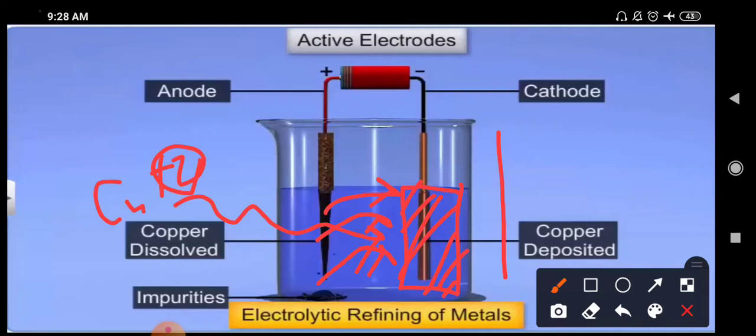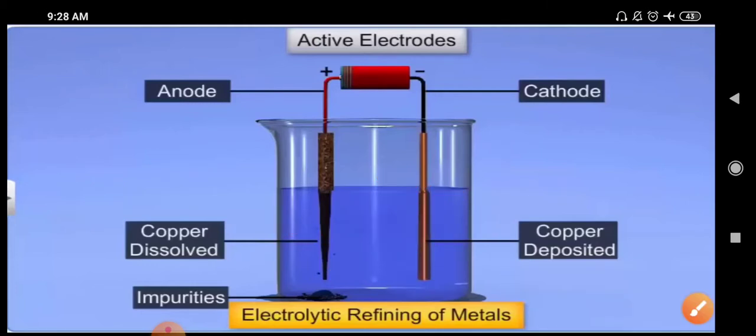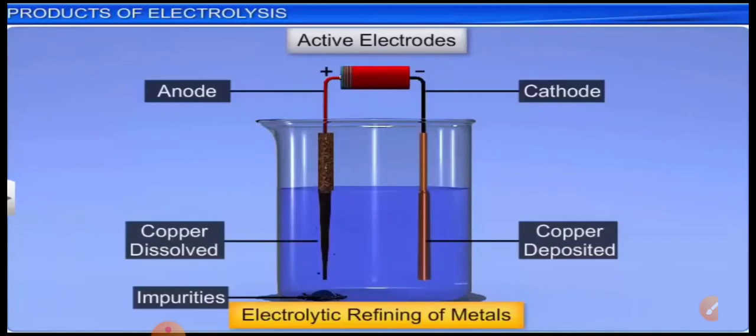One more important point is that this copper is pure, while the electrode made up of the ore also contains impurities, and these impurities will be stored or deposited exactly below the anode. So by this method we can produce pure metal.